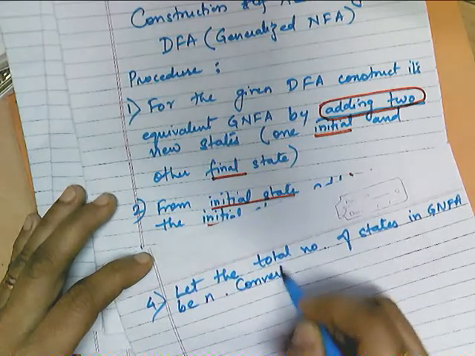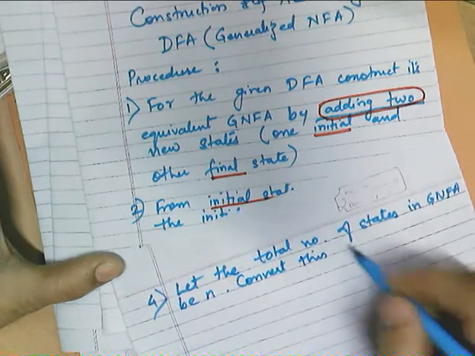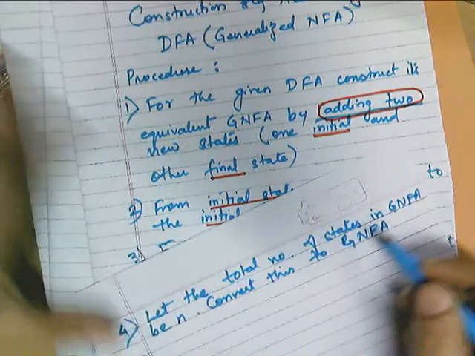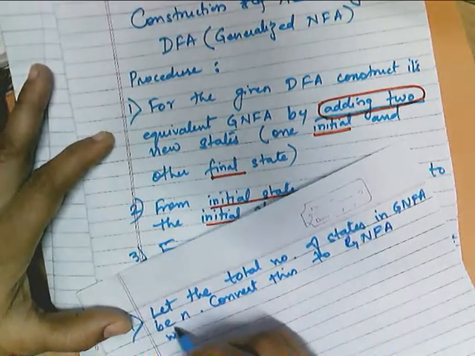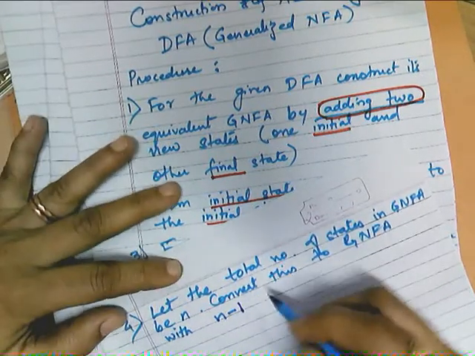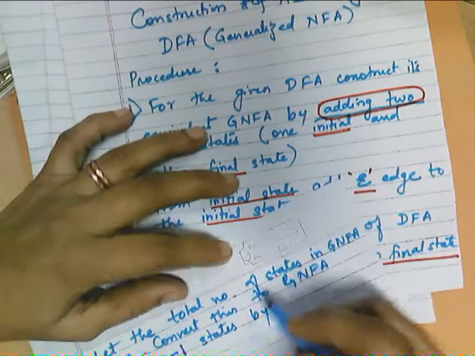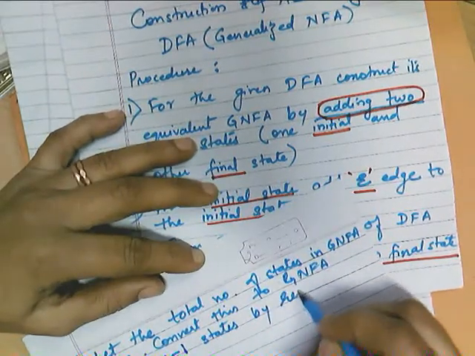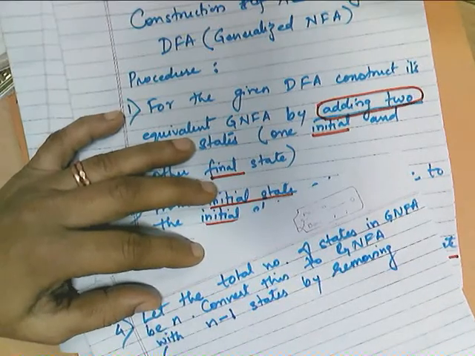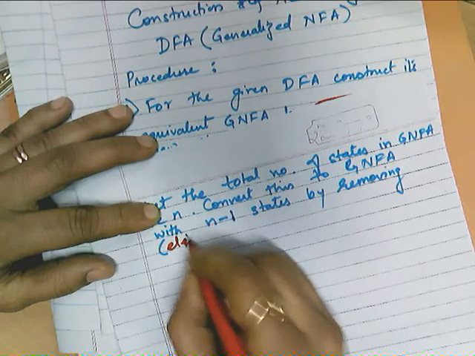Convert this to GNFA with n-1 states by removing, or in bracket I can say eliminating, that's why this method is called the state loop elimination method.